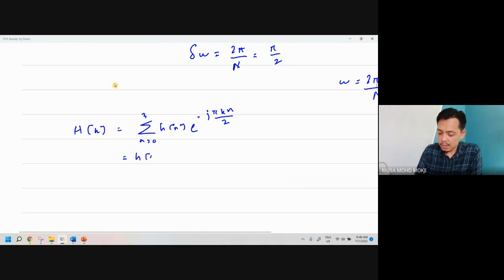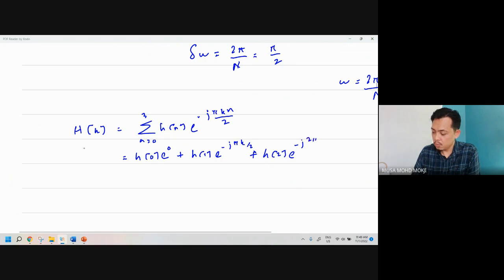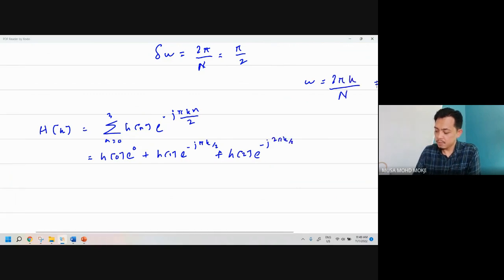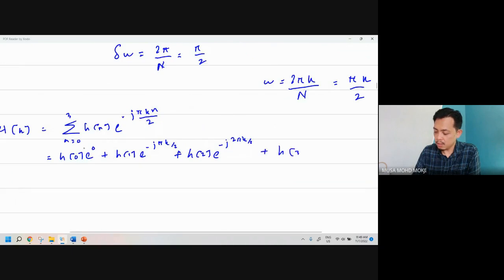We start from h0: when n equals 0, this is h0 times e to the power of 0, which eventually becomes 1. Plus h1 e to the minus j pi k over 2, plus h2 e to the minus j 2 pi k over 2, plus h3 e to the minus j 3 pi k over 2.